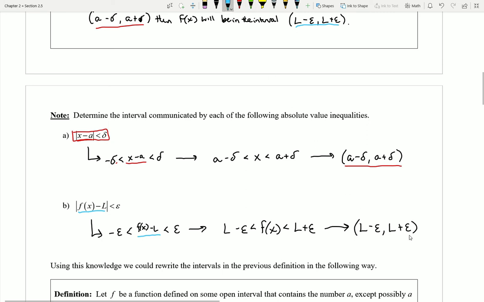So I can see here again that the blue interval that I had in the definition up above is being communicated right here by this absolute value inequality.